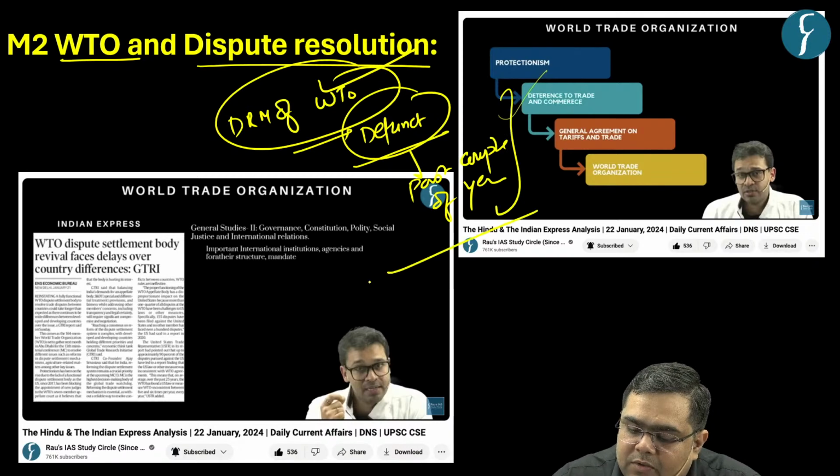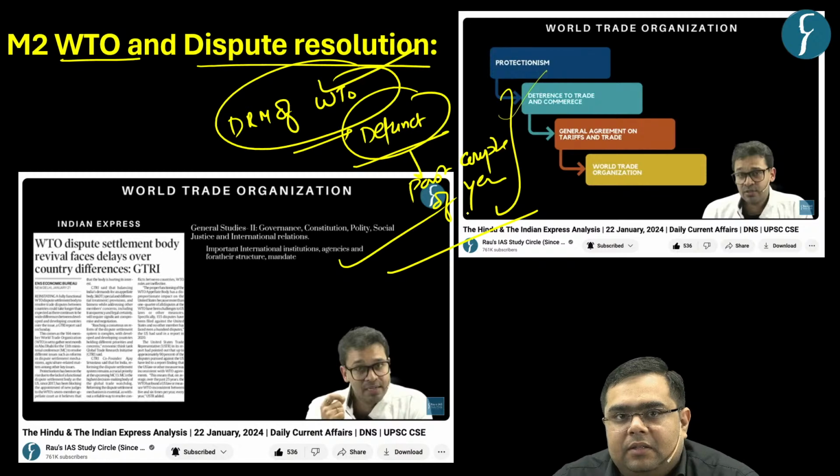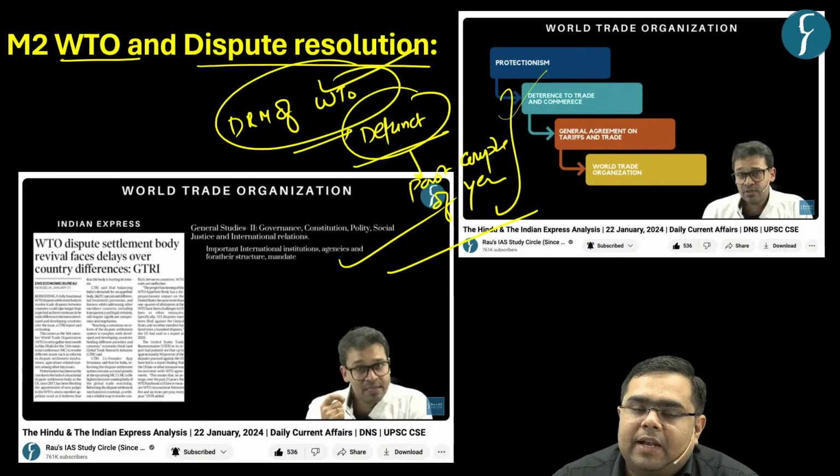And because we are anticipating a meet in February in Abu Dhabi, the WTO ministerial conference, before that we are expecting that this dispute resolution mechanism will be looked into. We hope that the WTO will again gain its significance in world trade.